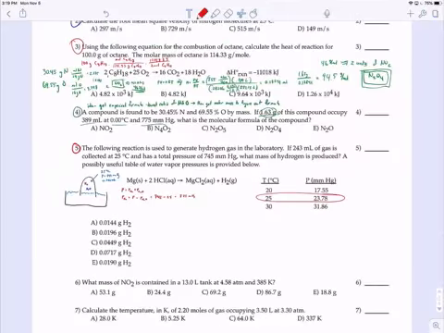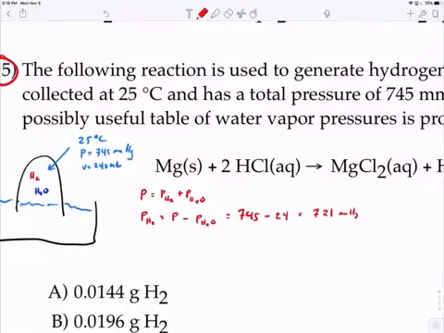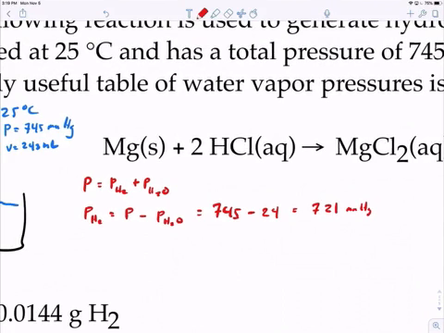So to get the pressure, we actually have to subtract the vapor pressure of water. It's given to us in the chart. So we have our pressure of hydrogen actually being 721 millimeters of mercury.